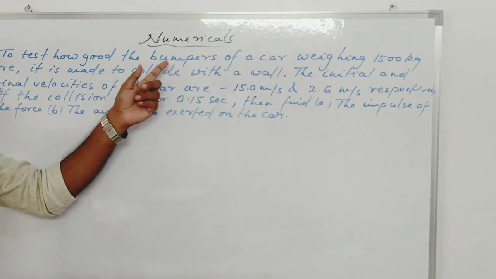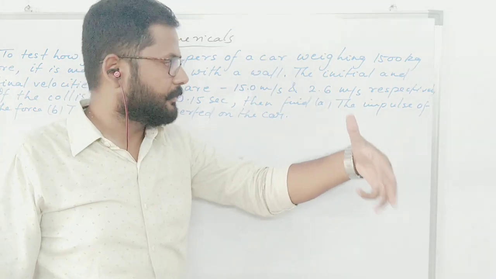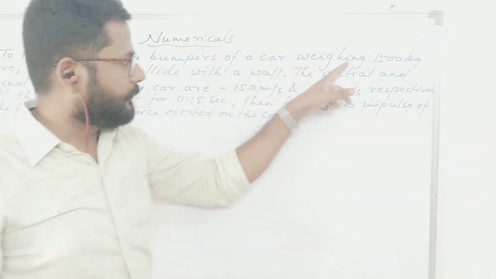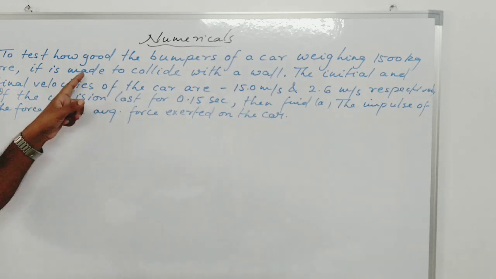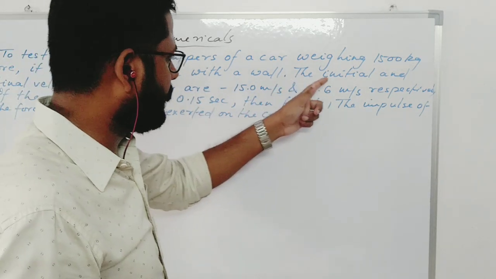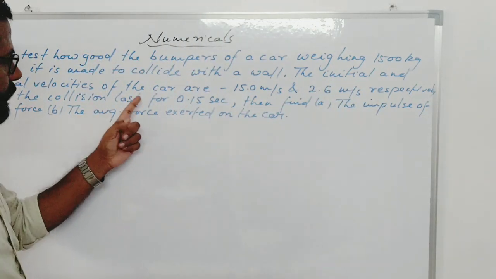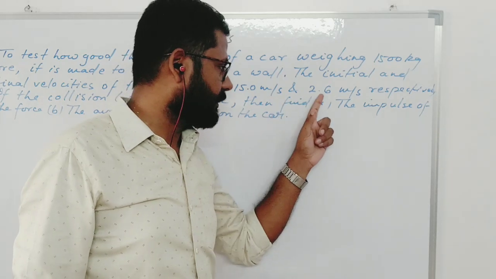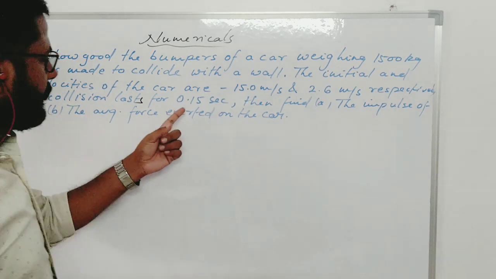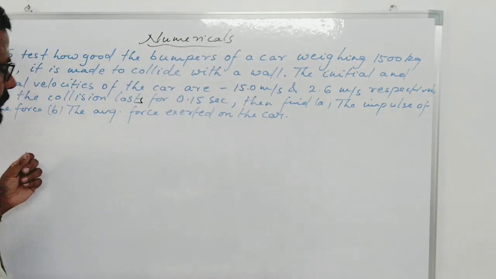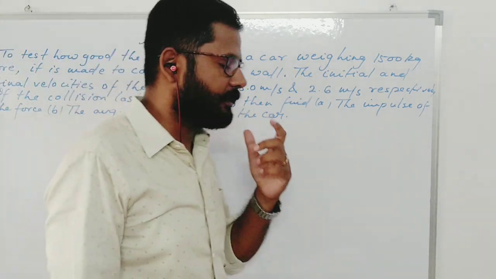To test how good the bumpers of the car, bumpers means the front portion of the car, of a car weighing 1500 kg are, if it is made to collide with a wall, the initial and final velocities of the car are minus 15 meter per second and 2.6 meter per second respectively. If the collision lasts for 0.15 second, then find the impulse of the force and the average force exerted on the car.